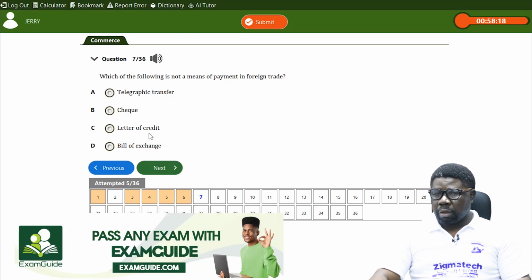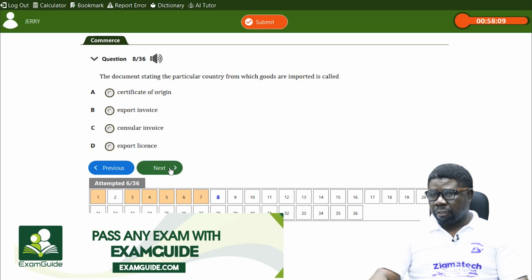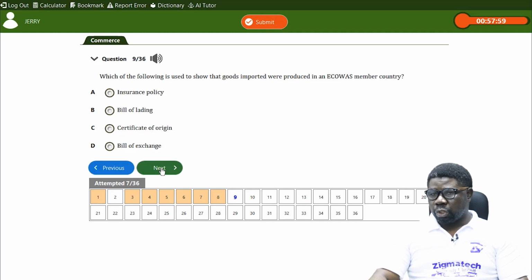It's a check. The rest are part of it. The document stating the particular country from which goods are imported is known as certificate of origin. Which of the following is used to show that goods imported were purchased or produced in an ECOWAS member country? Certificate of origin. Okay, fine.